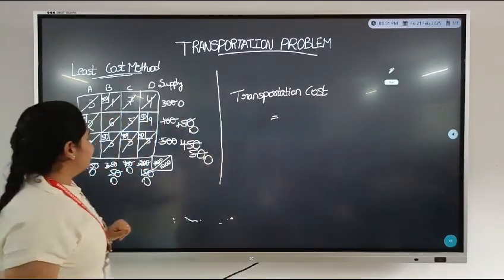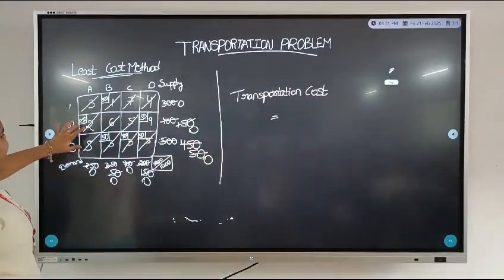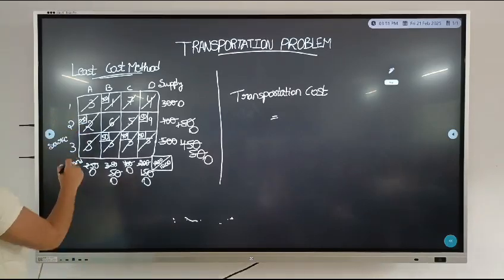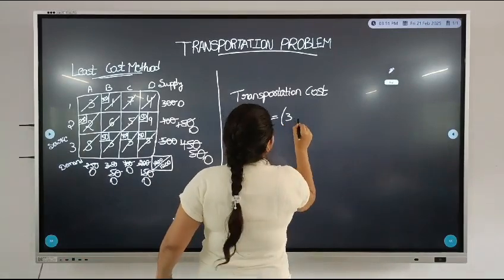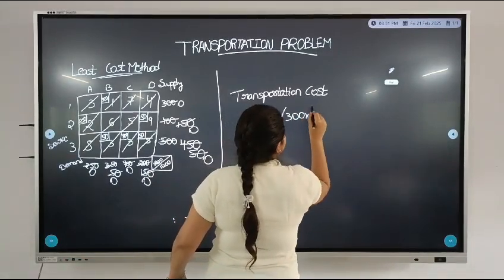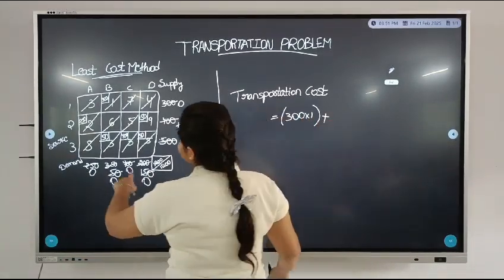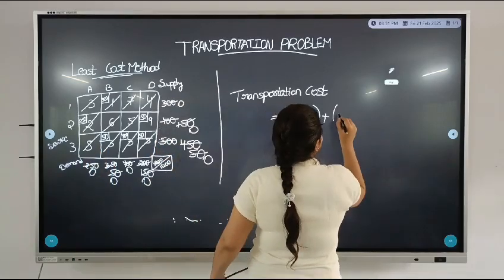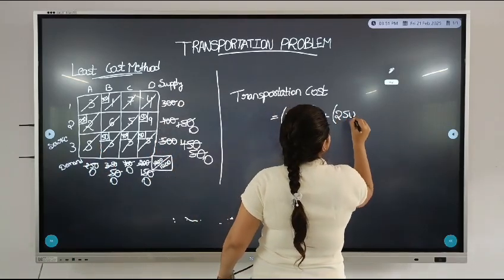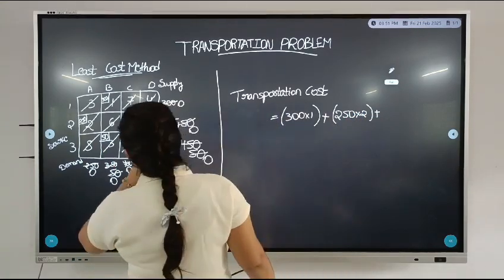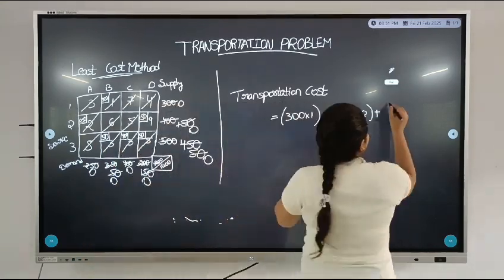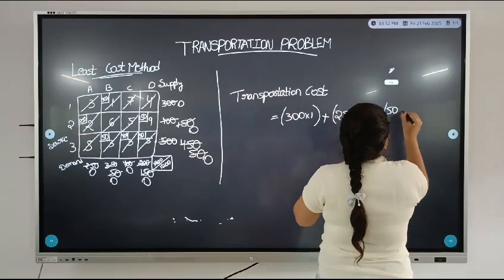To solve the transportation cost, I will take these numbers which were taken as allocated values. Now I will take 300 into 1 plus 250 into 2 plus 50 into 3.